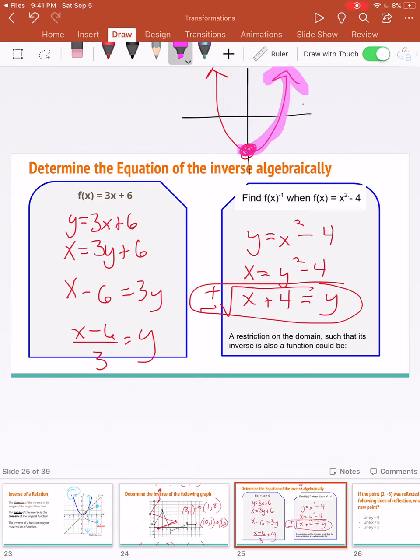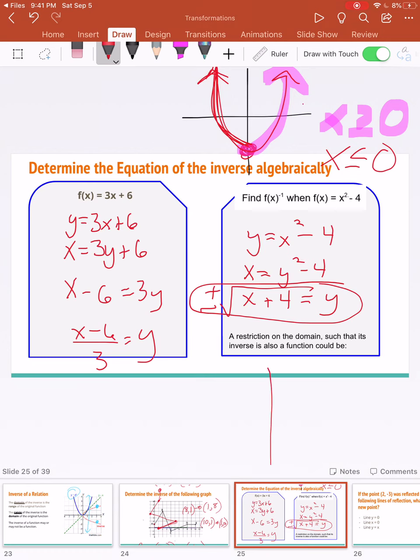So this domain would be acceptable. x is greater than or equal to 0. Really, any domain, I could do x is less than or equal to 0, which would be this side of the graph. Any domain would work as long as, if I were to draw a horizontal line, I'm not hitting that graph more than once.